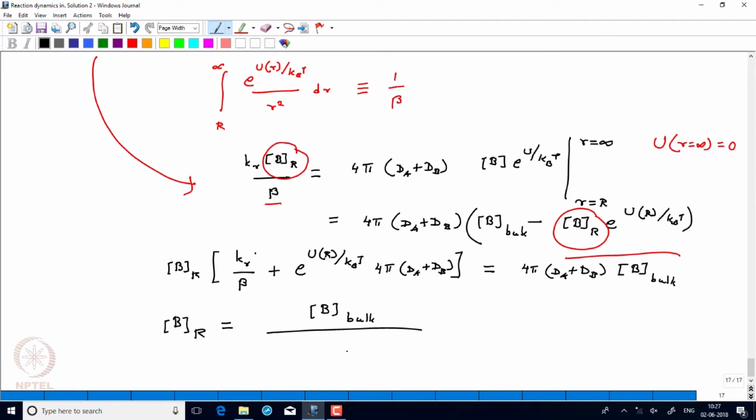And then I'll have two terms, basically. I'm just writing the second term in the denominator: e to the power u of r divided by kBT, plus kr divided by 4 pi (dA plus dB) into beta.